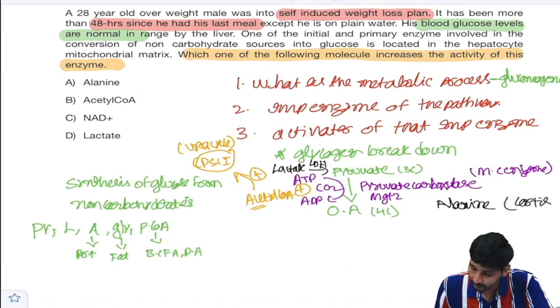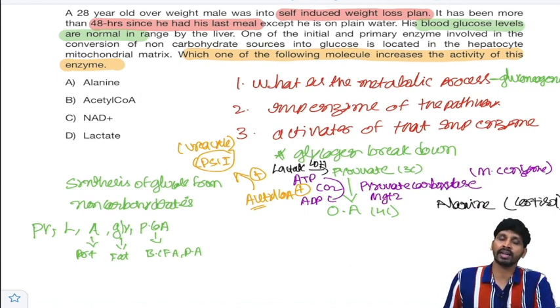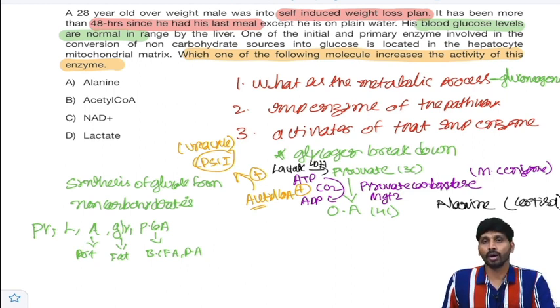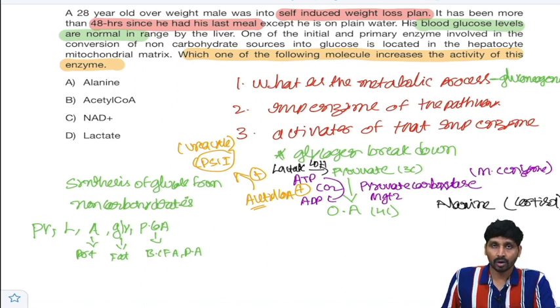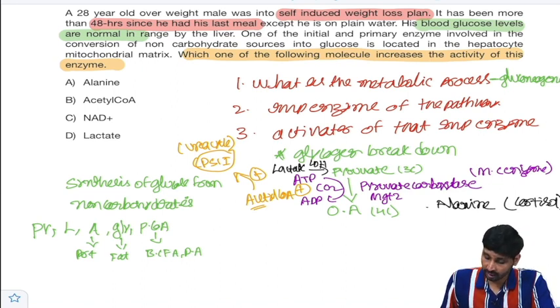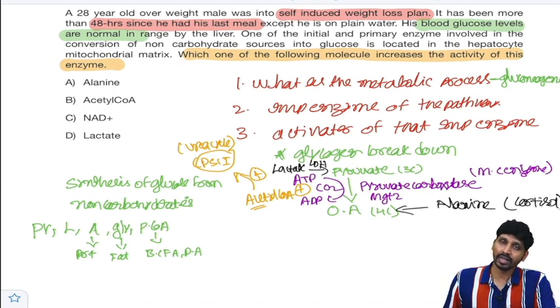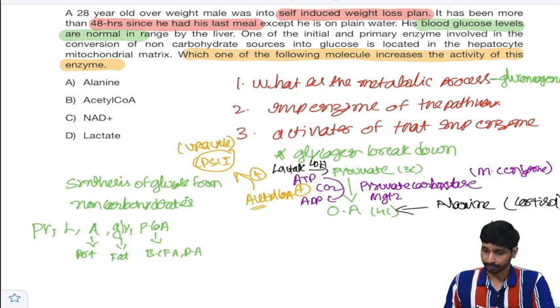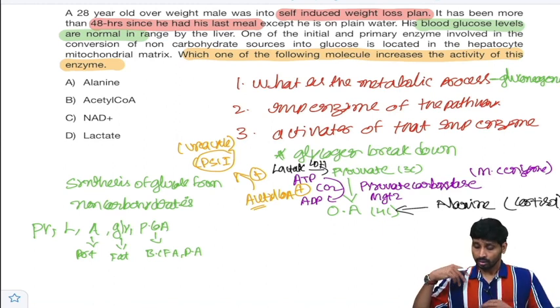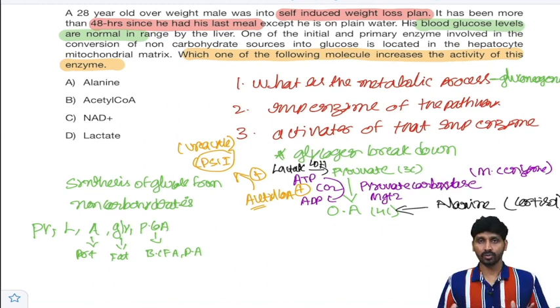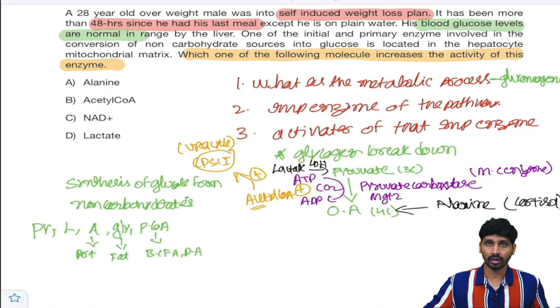During fasting conditions, when you don't have enough glucose, cortisol is released, and this cortisol induces protein degradation to form glucogenic amino acids to produce energy, and it will be converted into oxaloacetate. Otherwise this alanine reaches the liver and will be converted into pyruvate, right.